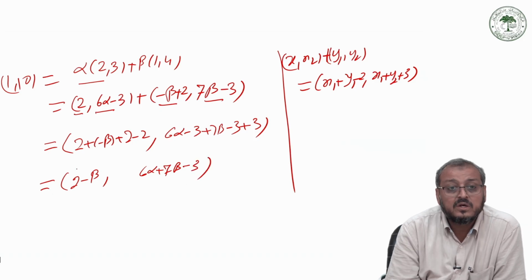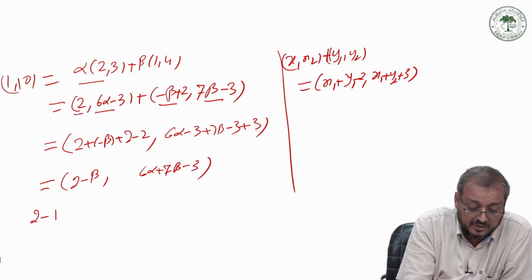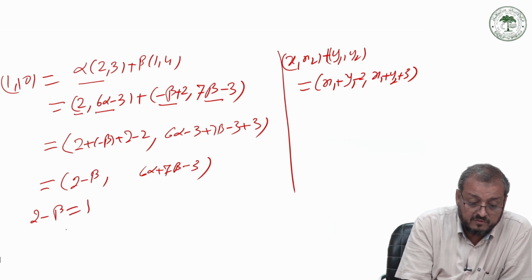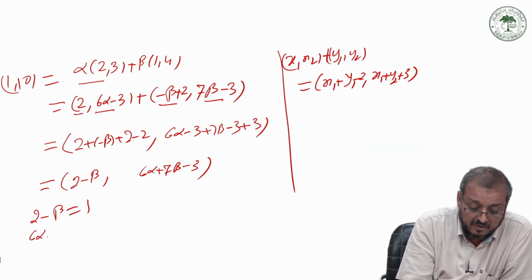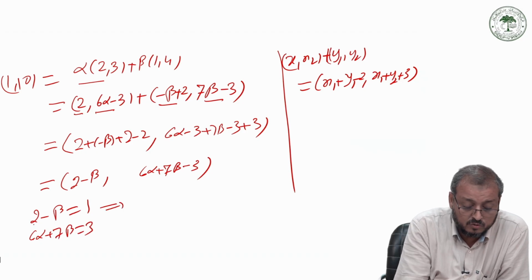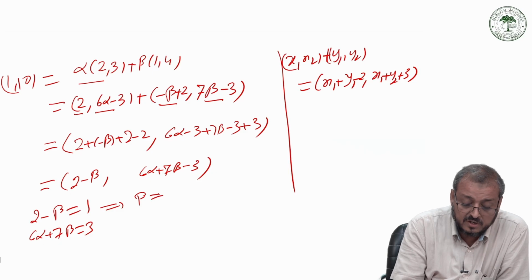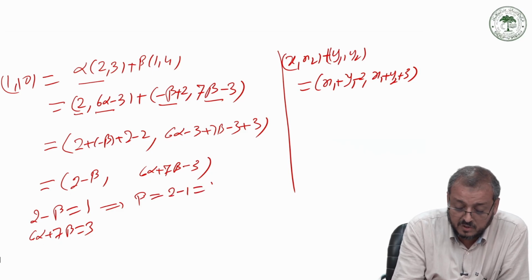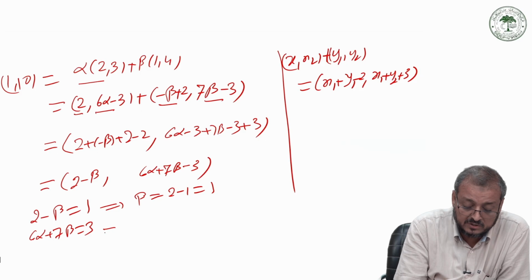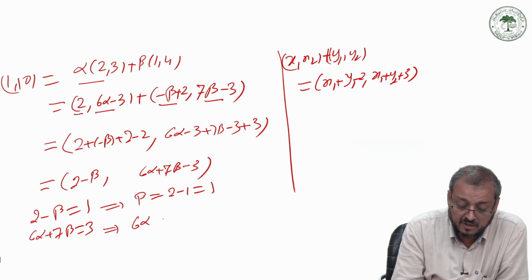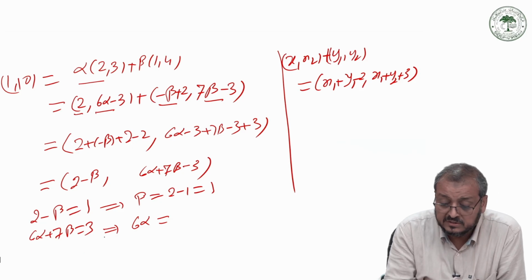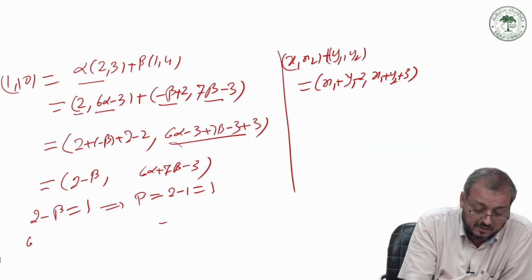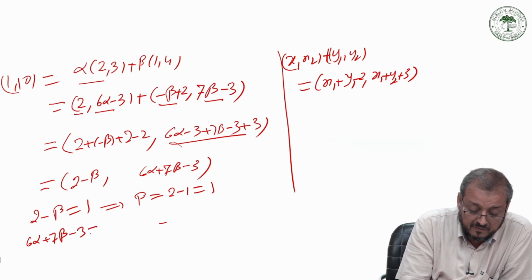Now equating these two, we can say that 2 minus beta is equal to 1, and 6 alpha plus 7 beta minus 3 is equal to 10.